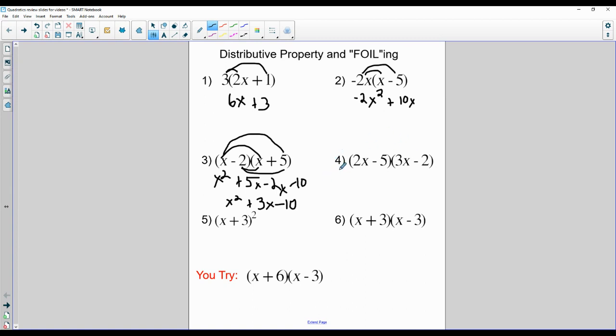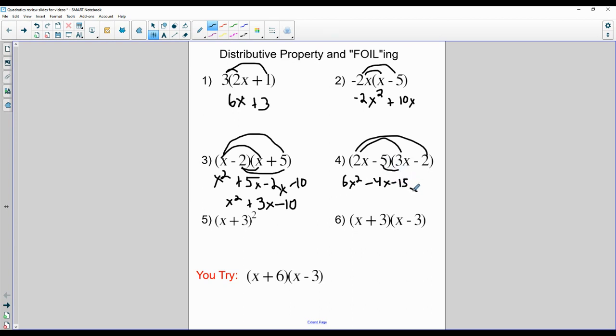Number 4, again, just FOIL this thing out, double distribute. So 2x times 3x is 6x squared. And then 2x times negative 2 gives me negative 4x. And then negative 5 times 3 is negative 15x.